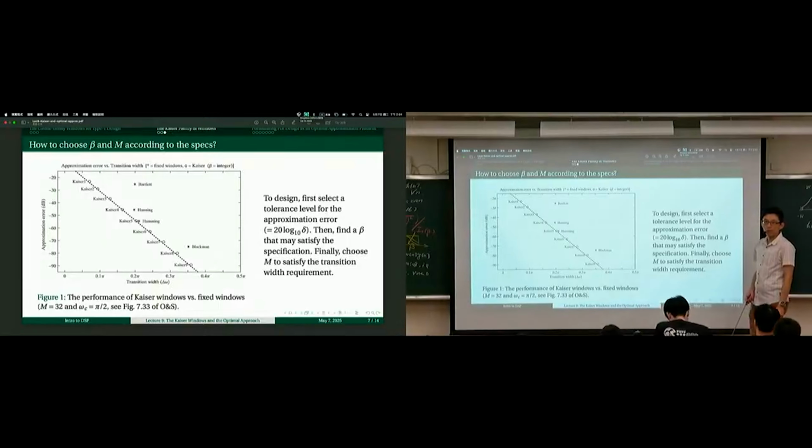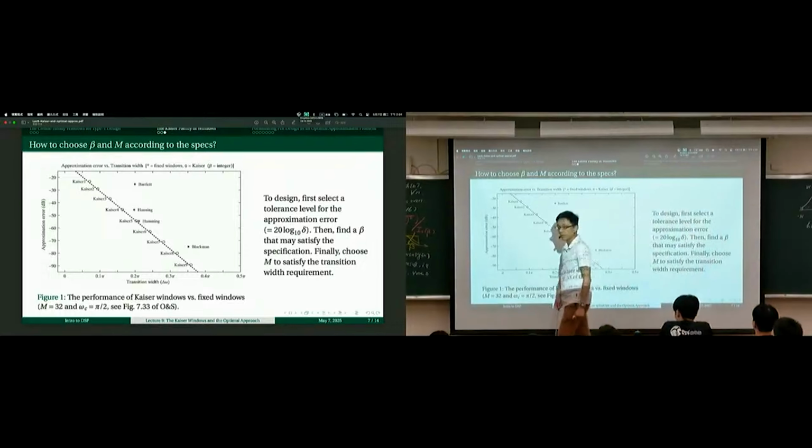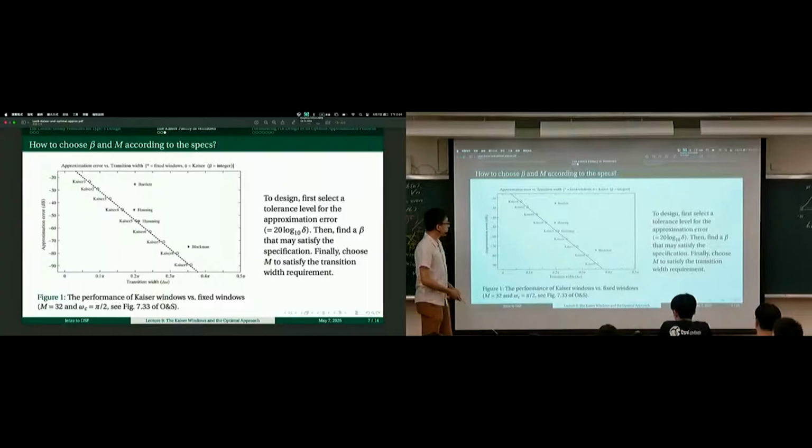If M increases from 32 to 64, then the performance line can improve to the left, go to the left, because the transition width now becomes a parallel line. No, not parallel, I'm sorry. It should not be parallel, but it becomes another line.